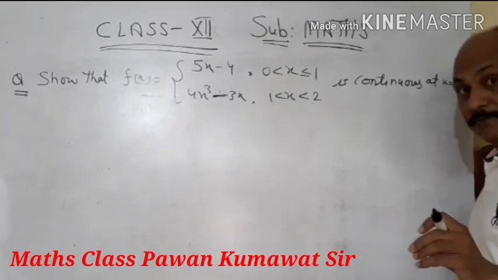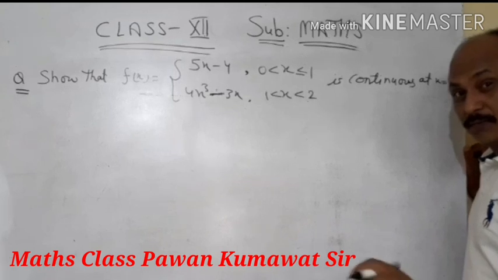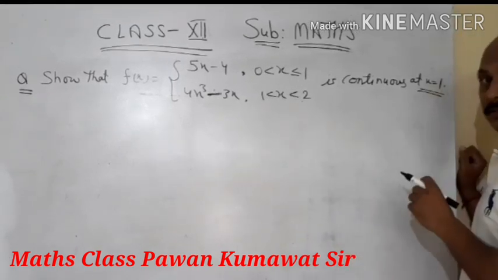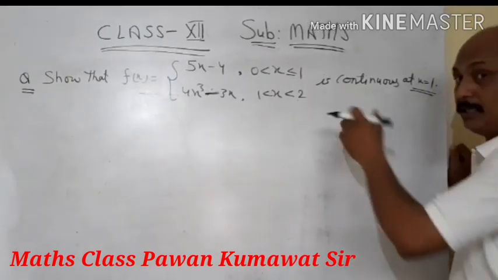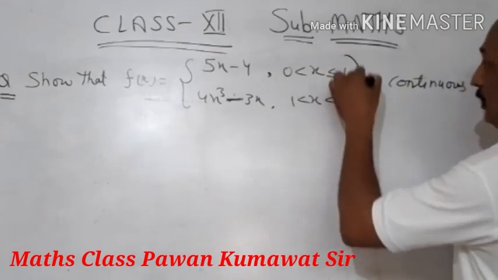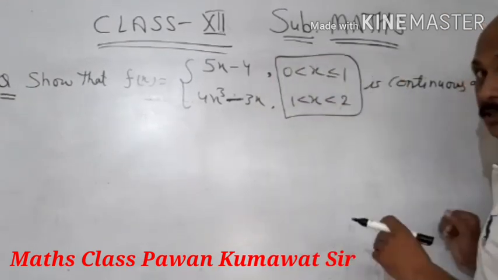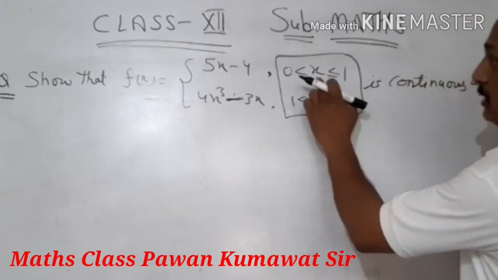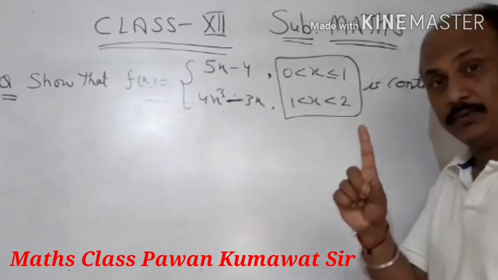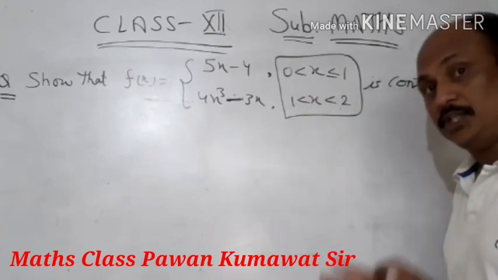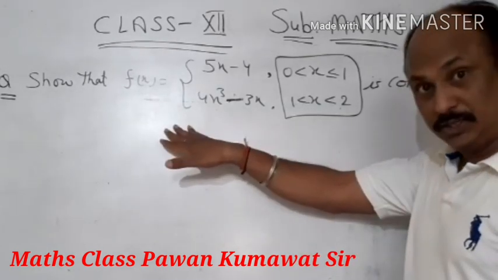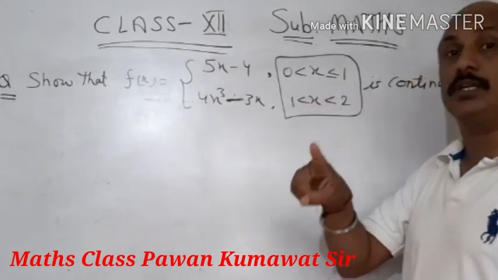If there is no given point for checking continuity, then check this case. And here x is equal to 1 is the only point, so we should check continuity at x is equal to 1.